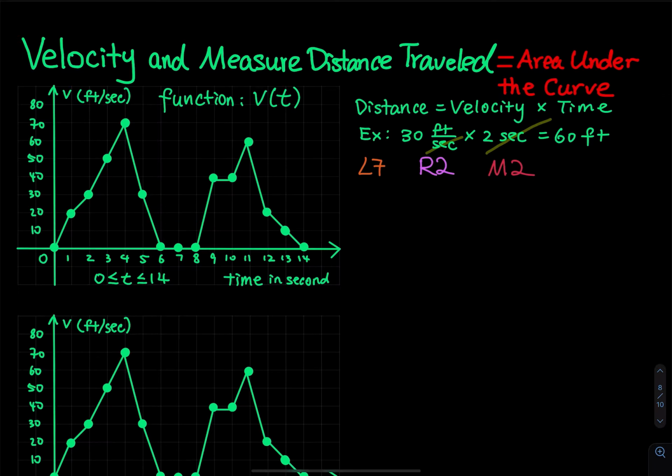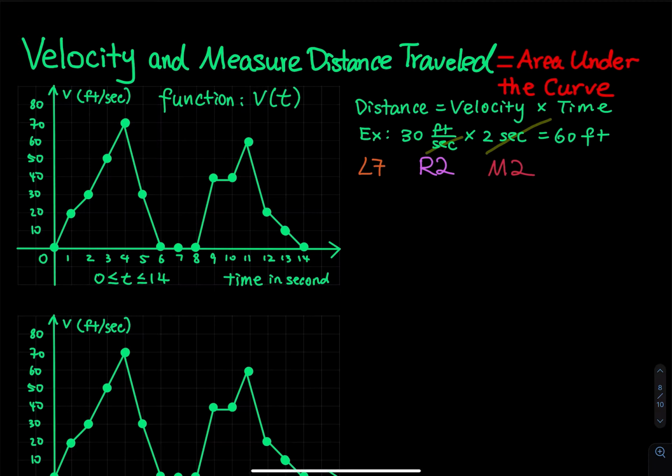I see the time, I see velocity, and don't forget that distance equals velocity times time. So let's say the velocity is 30 feet per second. Be aware of the unit, feet per second, and then you multiply by 2 seconds. Do you see that the seconds got cancelled? So 30 times 2 is 60. 60 feet is the distance traveled. You can do this at any point.